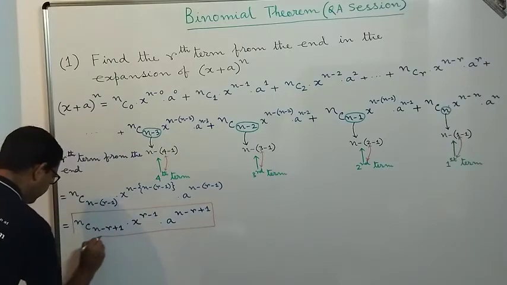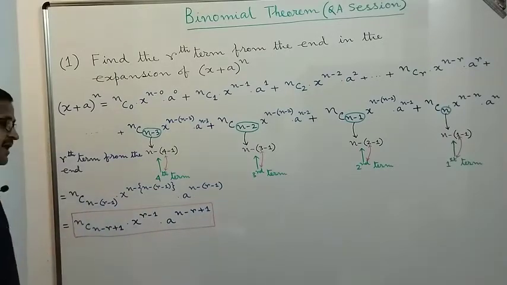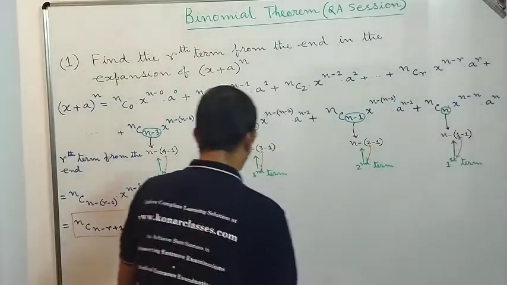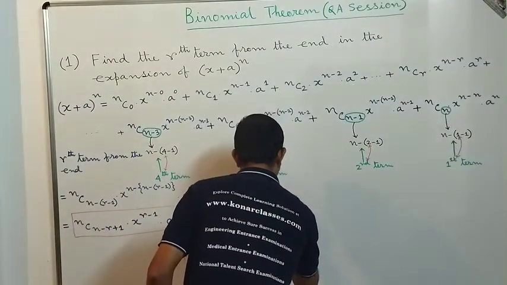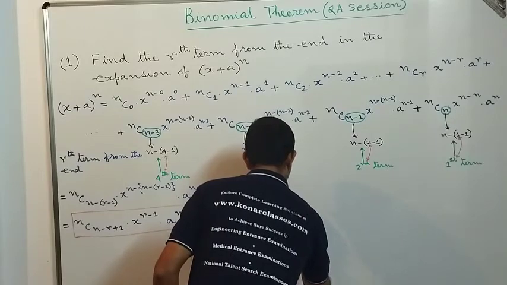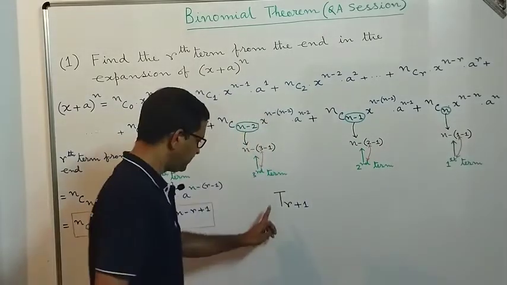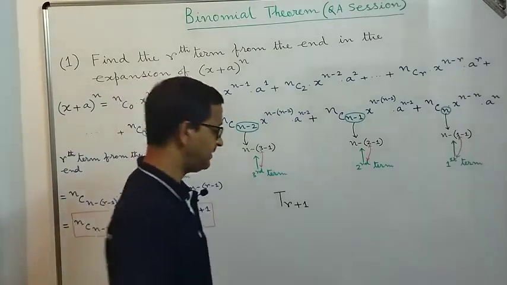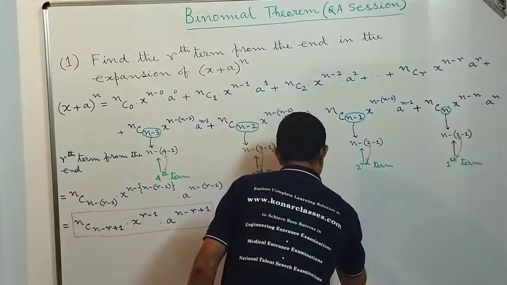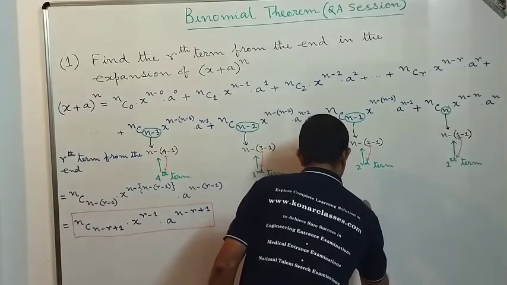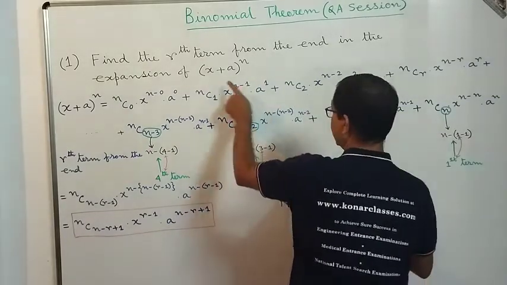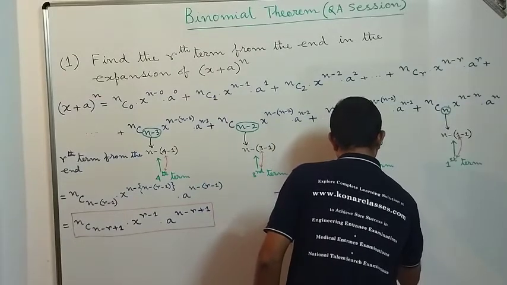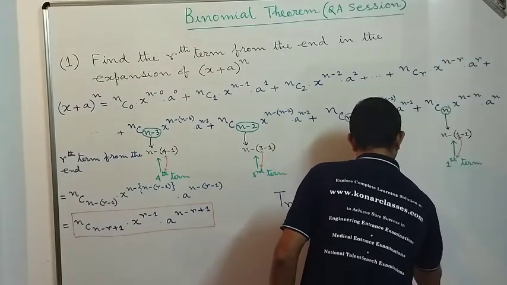Now from here we can generate another pattern. What is that pattern? We know, dear students, the r plus 1th term from the beginning is generally denoted by T(r plus 1). That is equal to nCr into, in context to this one, x to the power n minus r into a to the power r.